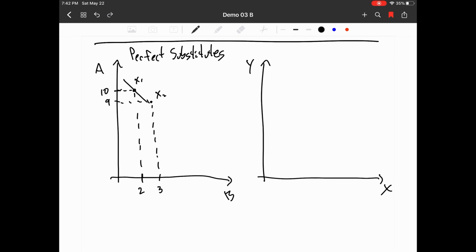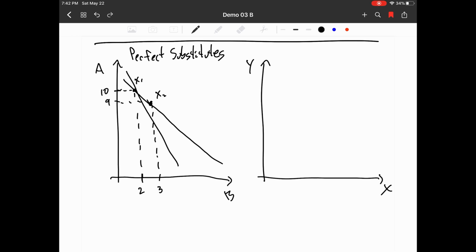So we get this linear relationship between A and B. It doesn't have to be perfectly one-to-one, though. You could imagine perfect substitutes maybe not 1 for 1, but 1 for some number, which would change the shape of the indifference curve. But it would look something like this, some linear function.